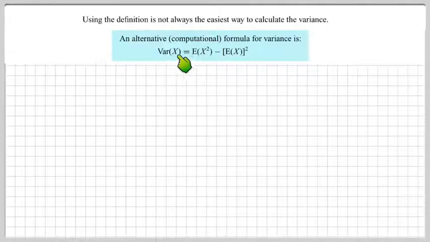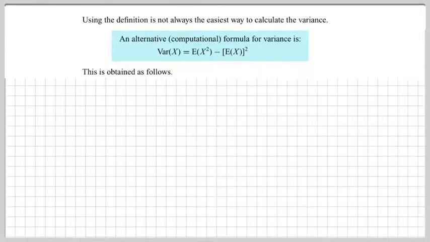The variance of x is equal to the expected value of x squared minus the expected value of x all squared. That's what you need to have seared into your brain. The variance of x equals the expected value of x squared minus the expected value of x all squared. And we're going to show you how this works.